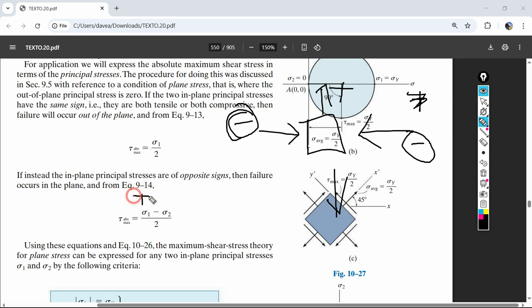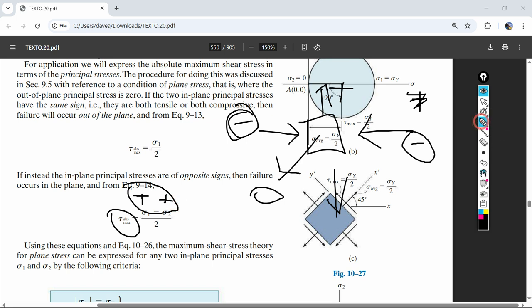This is going to be a positive minus a negative, so it's going to be adding. So we're going to get a bigger number here, and tau max is going to be related to that bigger number. In this direction, we have 0. So our out of plane is not the plane of failure. Our plane of failure is in plane.